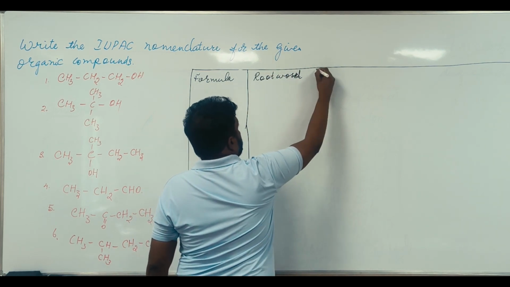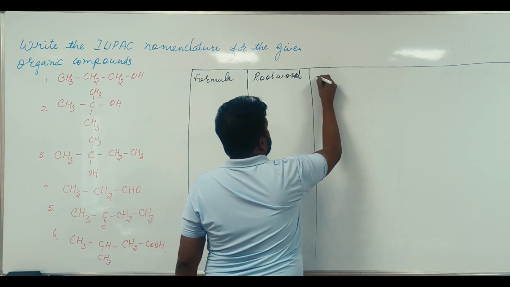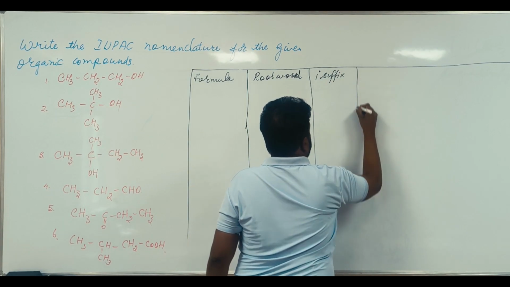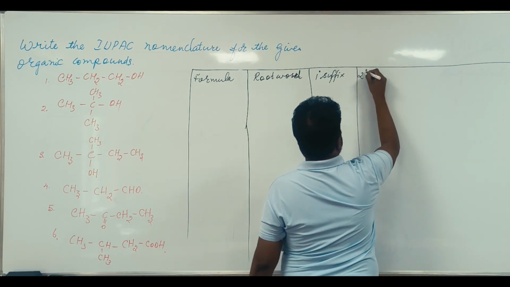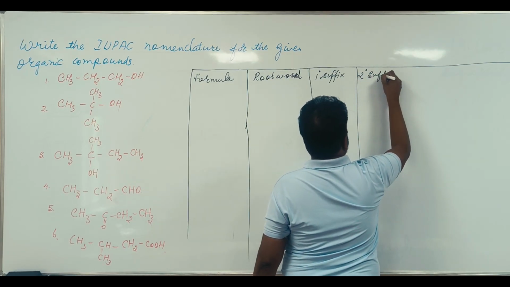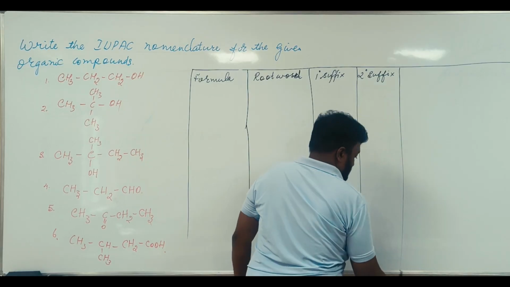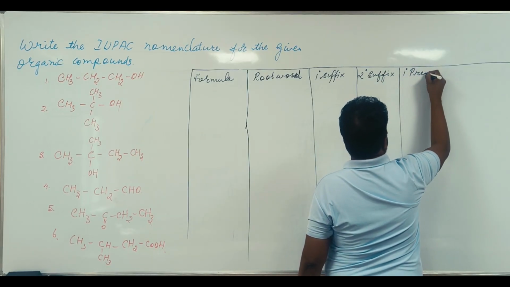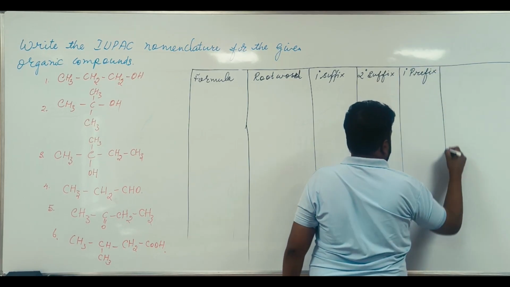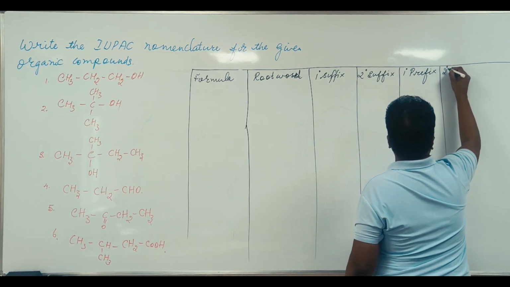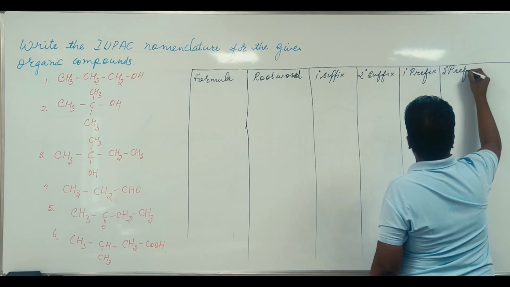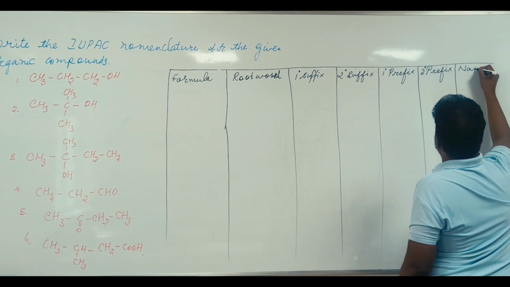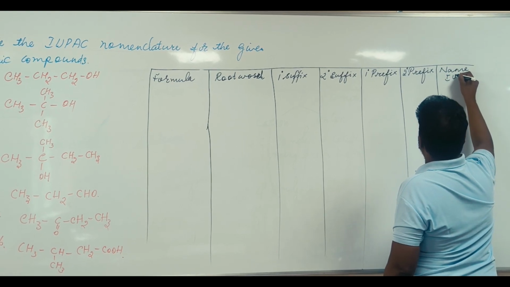Then we go for writing the primary suffix, then secondary suffix, then primary prefix, and then secondary prefix. Then we have to write the name, that is IUPAC.